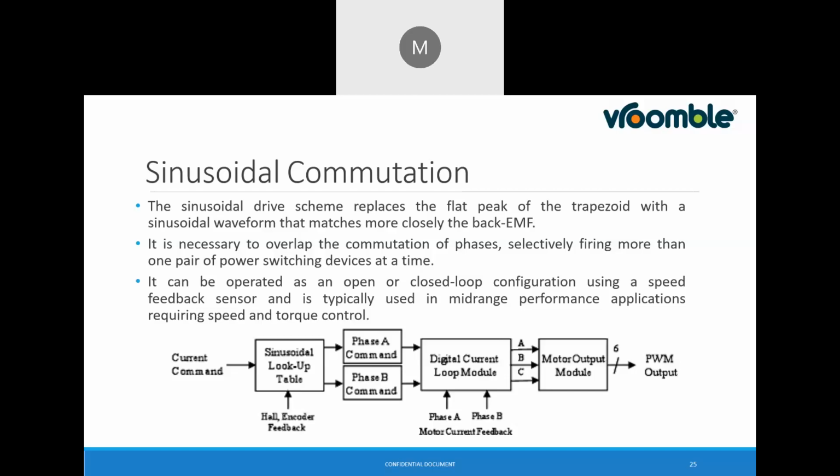It can be operated as an open or closed loop configuration using a speed feedback sensor. And typically it is used in mid-range performance applications, which require speed and torque control. So now sinusoidal commutation is smoother, more ripple-free than the trapezoidal one, right?